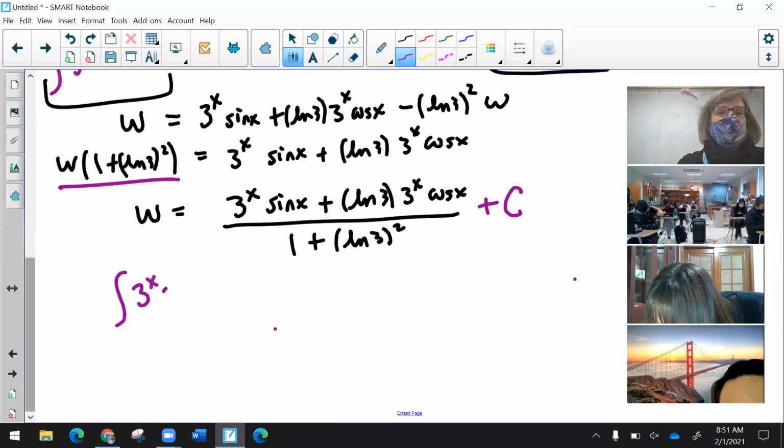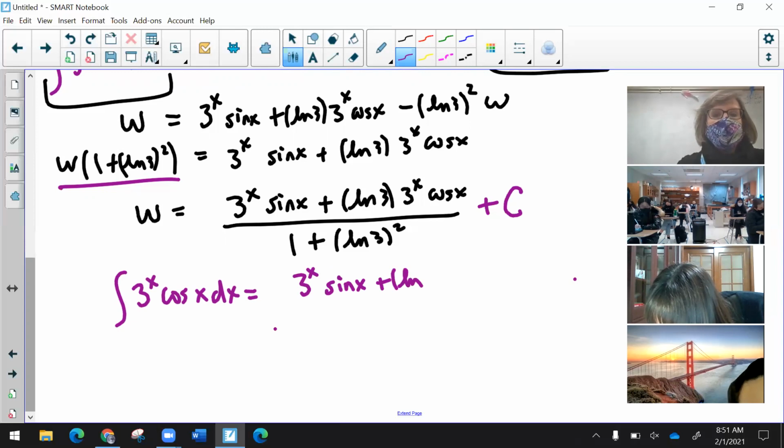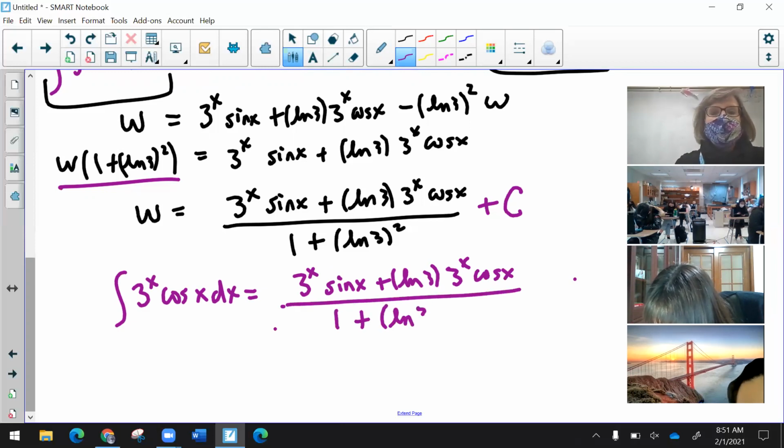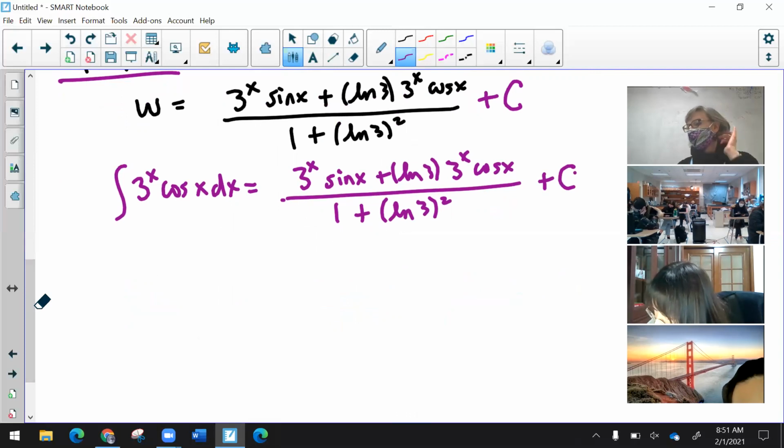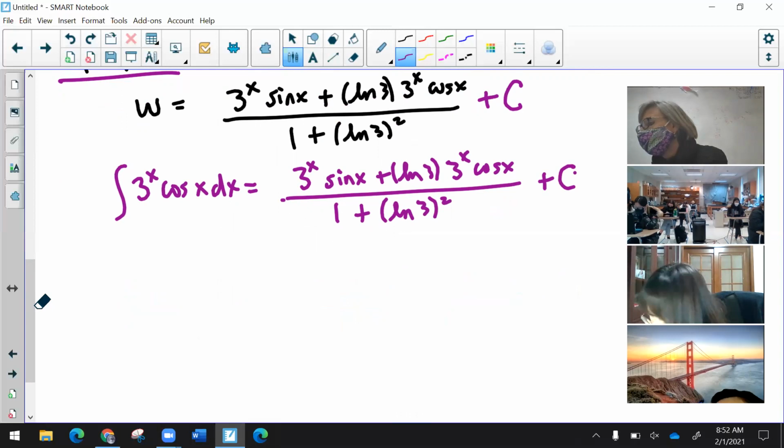So my W, the integral of 3 to the x cosine x dx, is going to be 3 to the x sine x plus the natural log of 3 times 3 to the x cosine x, divided by 1 plus natural log of 3 squared, plus C. I'm done.